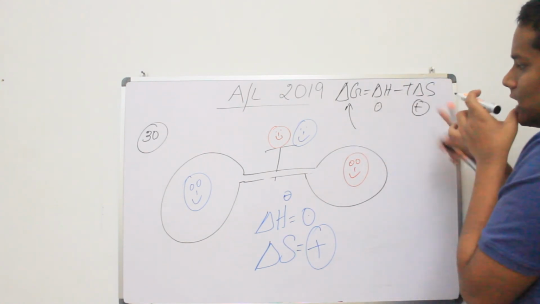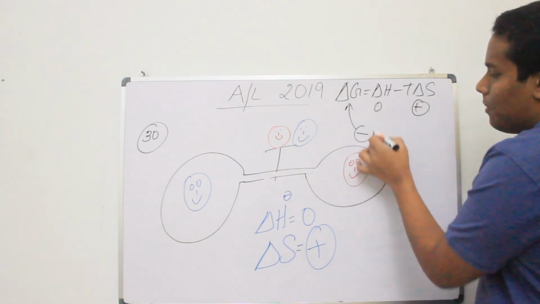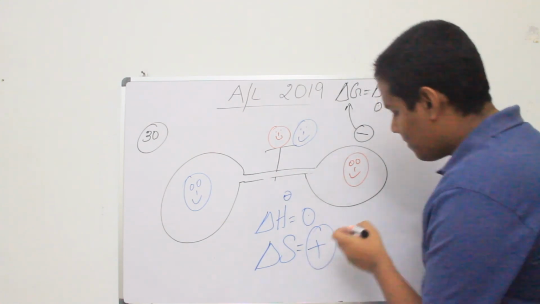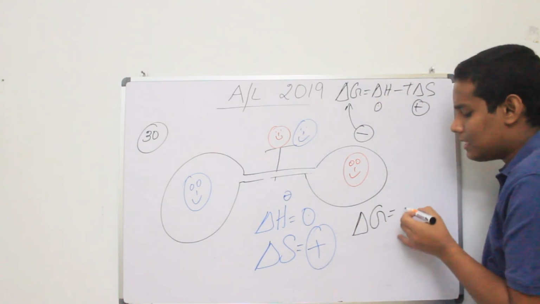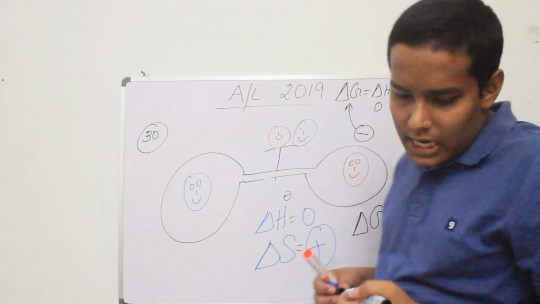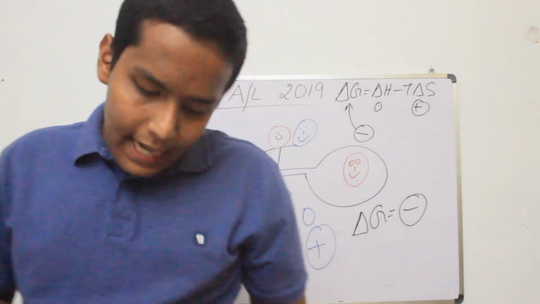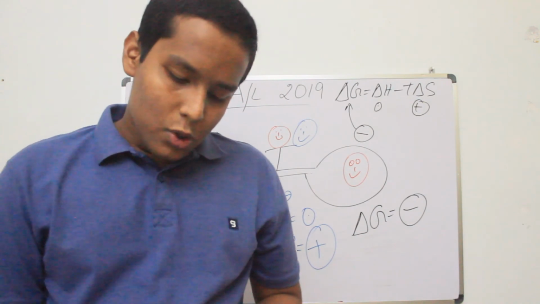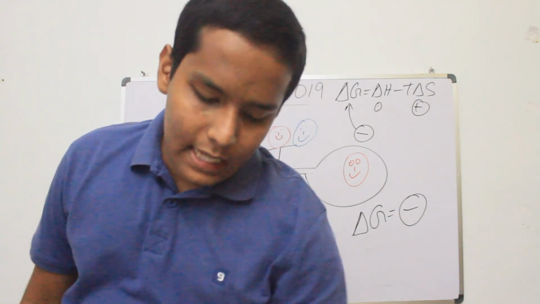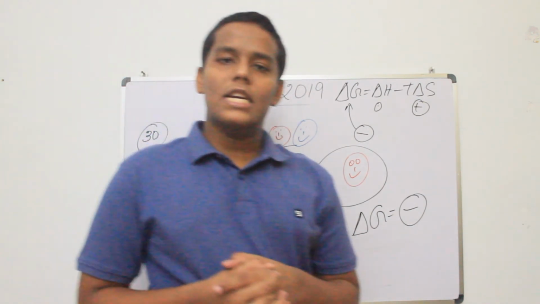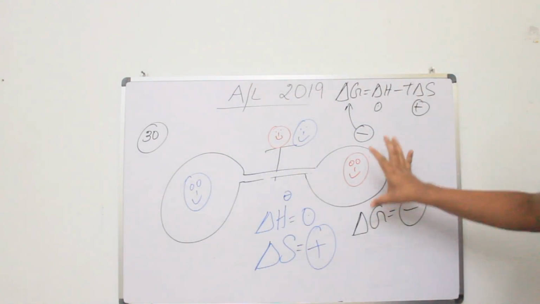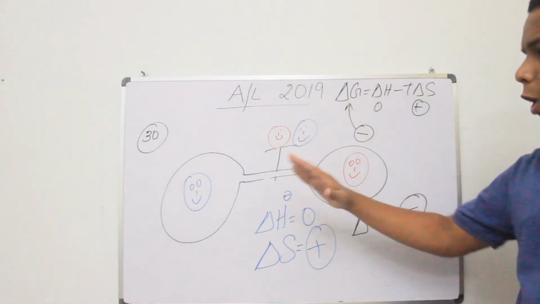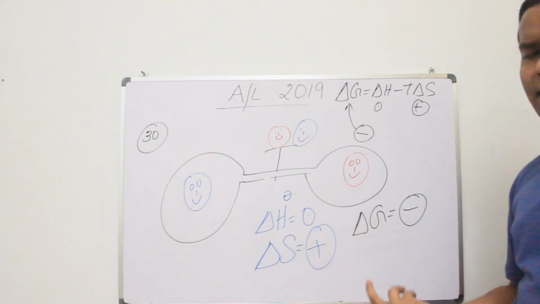So 0 minus some value will be negative, so delta G is negative. So delta G should decrease, delta H should remain unchanged, and delta S should increase. So your answer for question 30 is the third one: decrease, unchanged, increase.